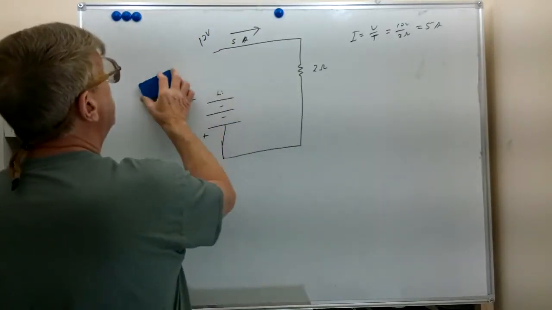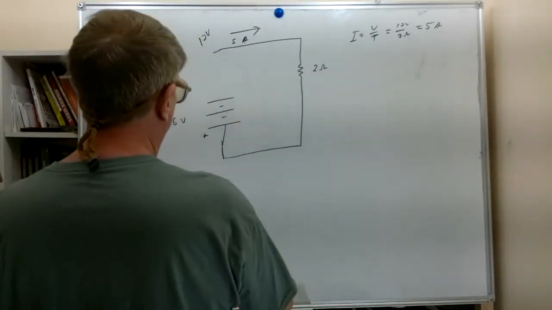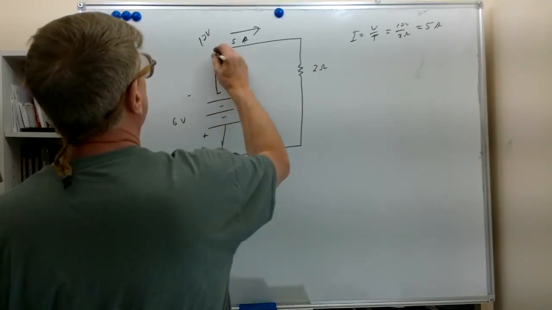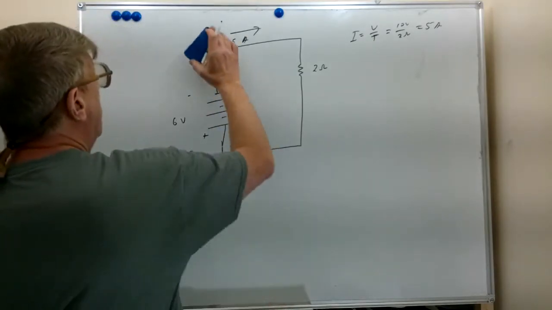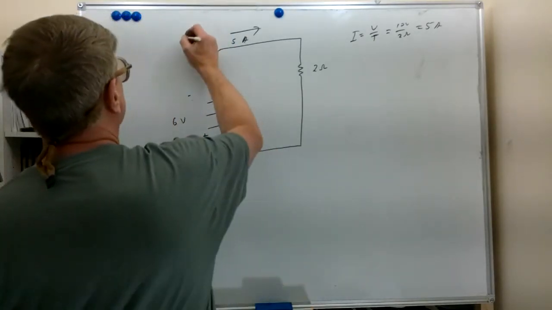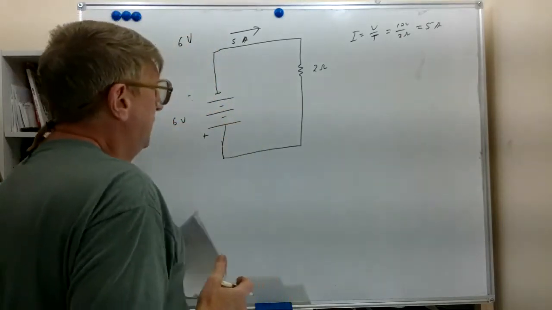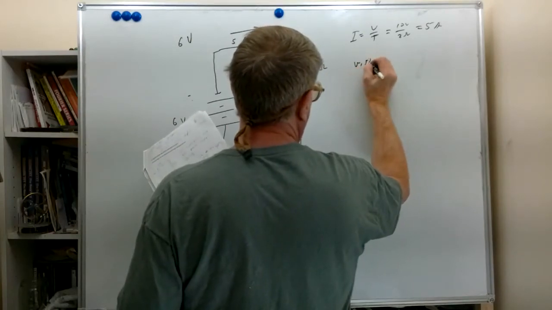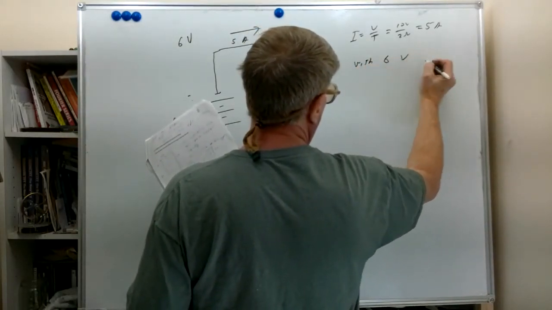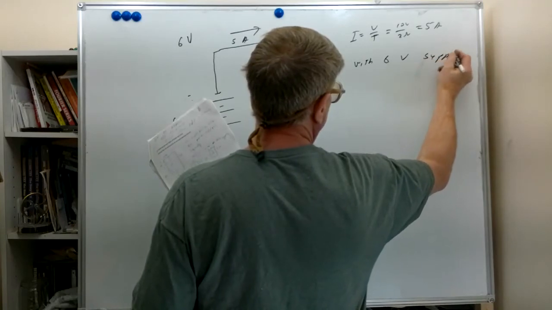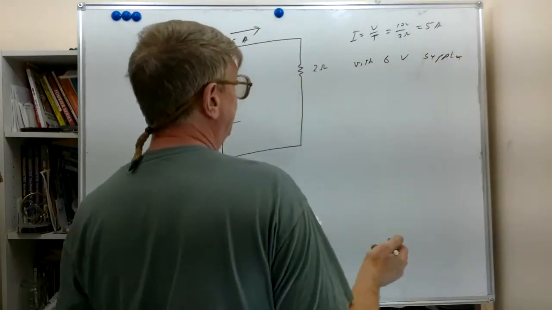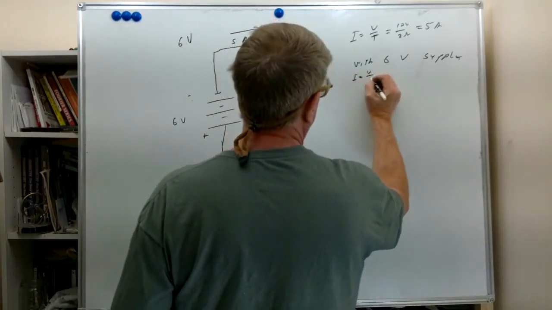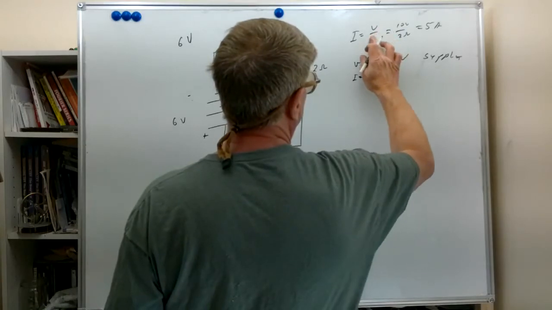Let's start by taking the 4-volt supply out of there. Now we only have 6 volts. If we calculate the current now with the 6-volt supply, I equals voltage divided by resistance.